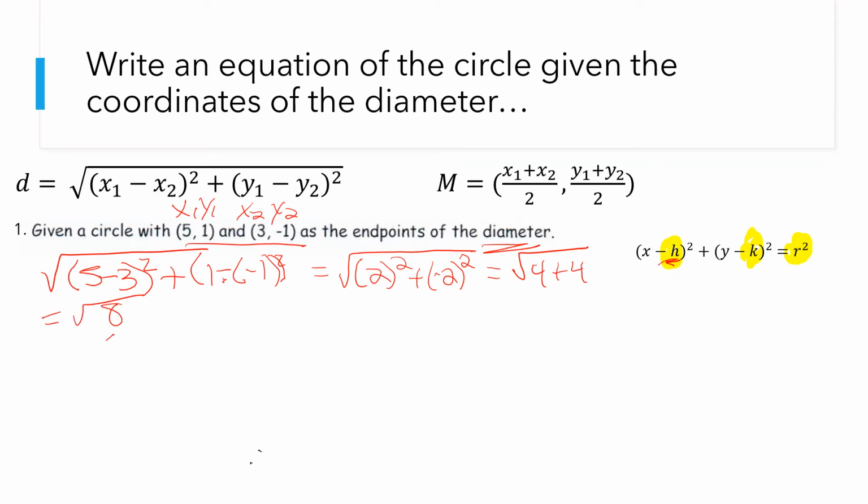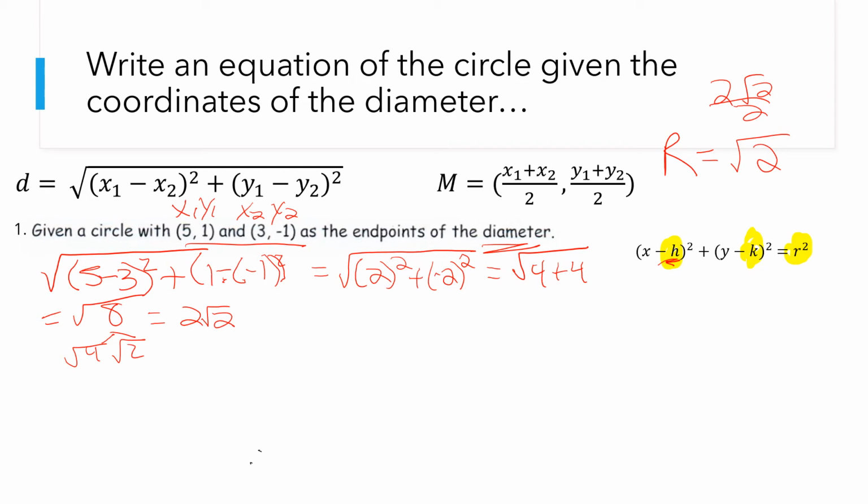And I could simplify that radical. This is 4, so that would be 2 root 2. That is the diameter. So since the diameter is 2 root 2, that means the radius is half of that. So 2 root 2 divided by 2. So the radius is just root 2.